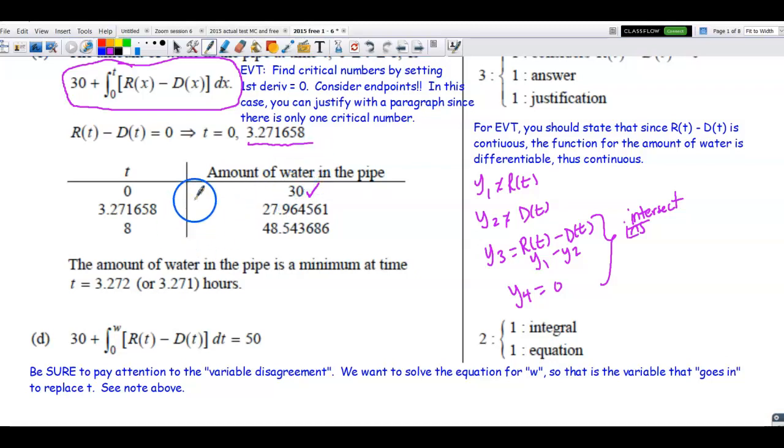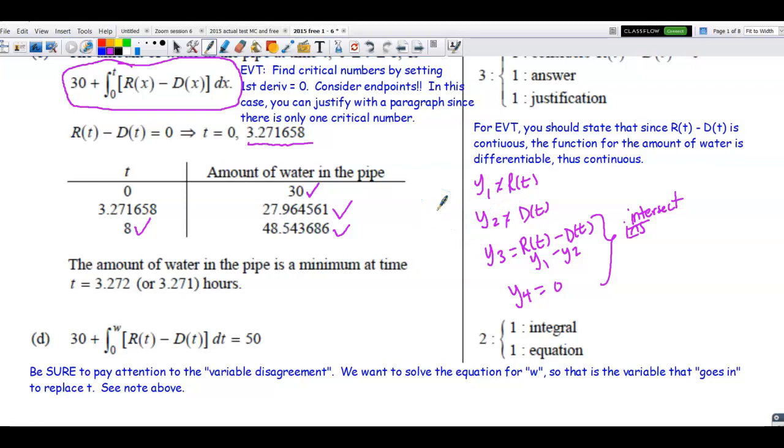I lost my units, so I'll have to go back up in a second. And at 3.272, with the calculator, we accumulate that much water. And at 8, we accumulate that much water with the calculator. So you can put it in a table, and that table will serve as your justification with your declared answer. So that's two different ways that you could write up extreme value theorem for this particular problem.